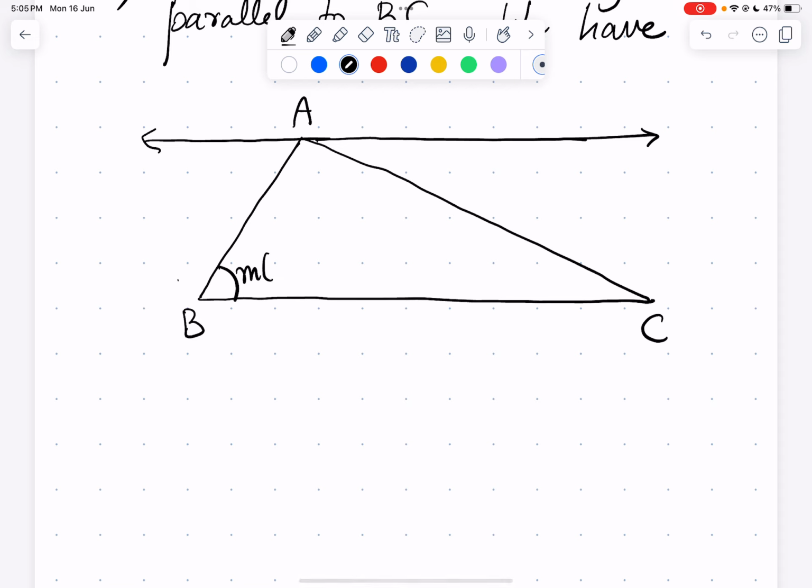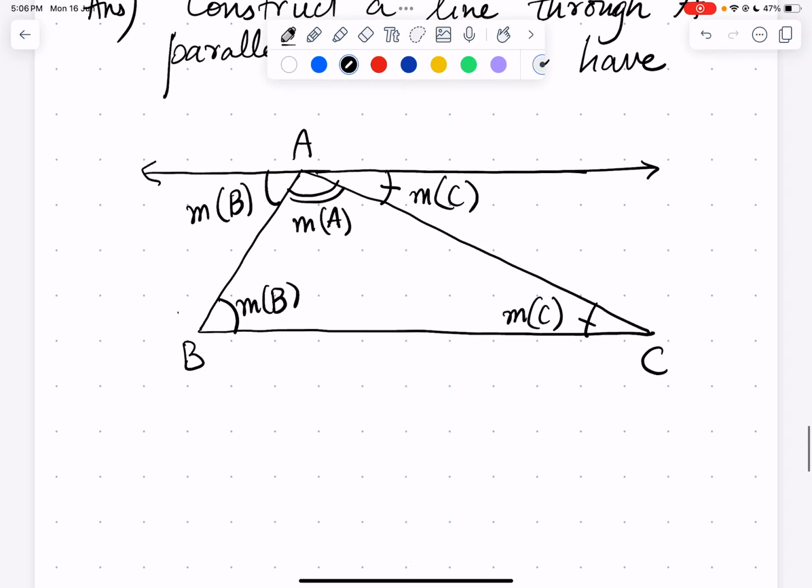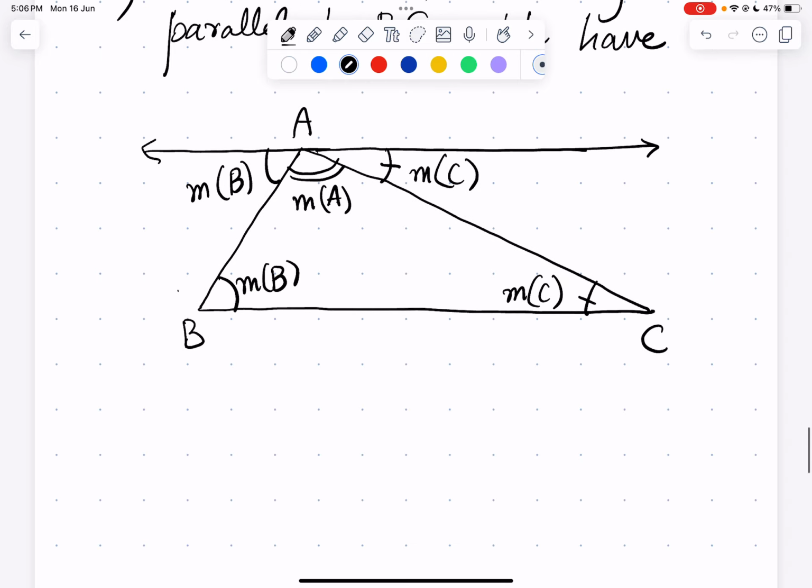So for example, the measure of the angle at B is the same as this one. This is anyways the measure of the angle at A, and the measure of the angle at C is the same as this. But note that hence the measure of the angle at A plus the measure of the angle at B plus the measure of the angle at C, these three should add up to 180 degrees.